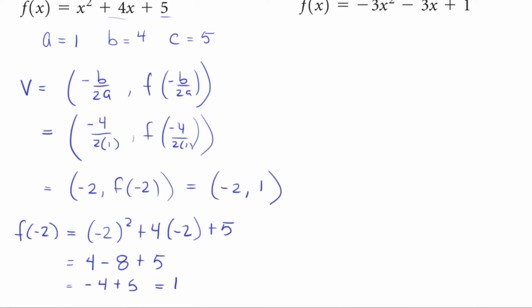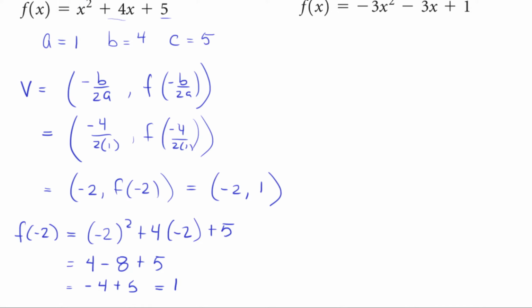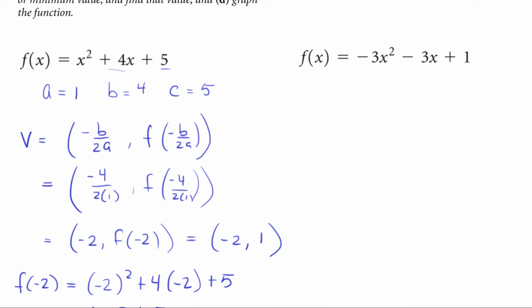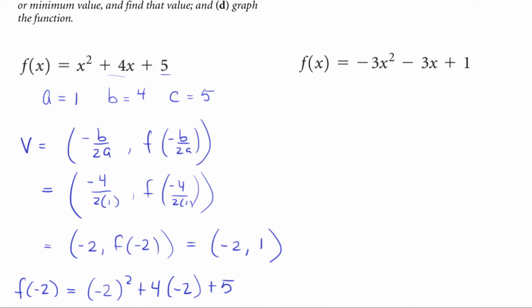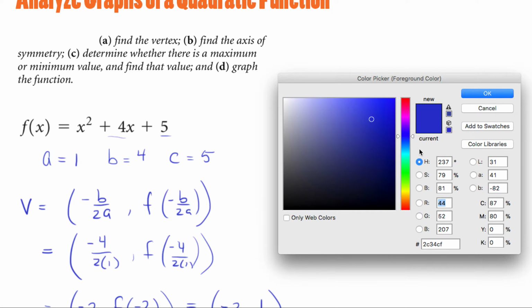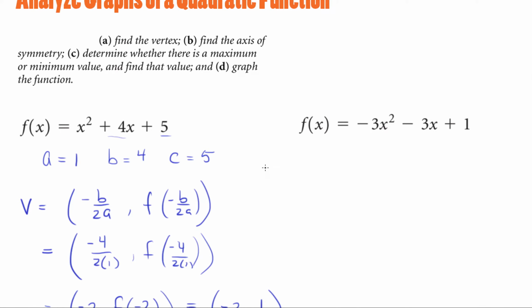Now, how do we determine the vertex using completing the square? Well, just like in the previous videos, when we completed the square, we need to use a different formula. So let's use a different color. The formula to complete the square is b over 2 squared.